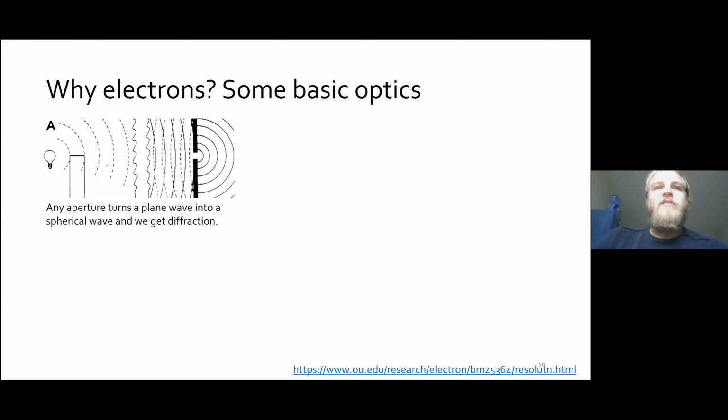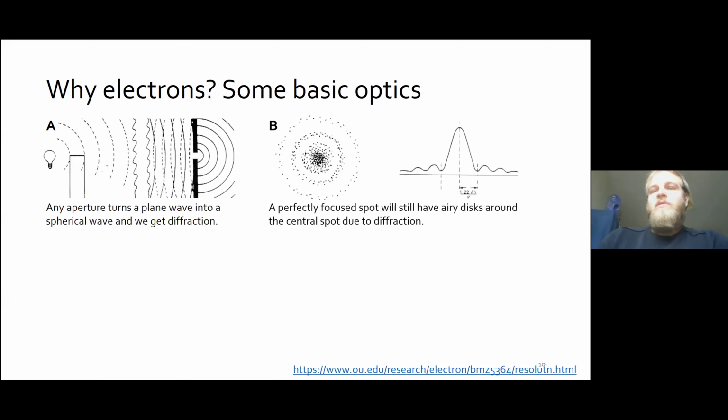You can think of an object, a tiny, tiny object that's a little aperture. When you shine light on something and the light comes back out again, the light is emitted as a kind of spherical wave if you have a small enough object, and we end up with this diffraction. If you look at it from the top, no matter how small your object is, it will have a wave coming out with a certain spread, and this spread is determined by the wavelength of the light that you're probing with.